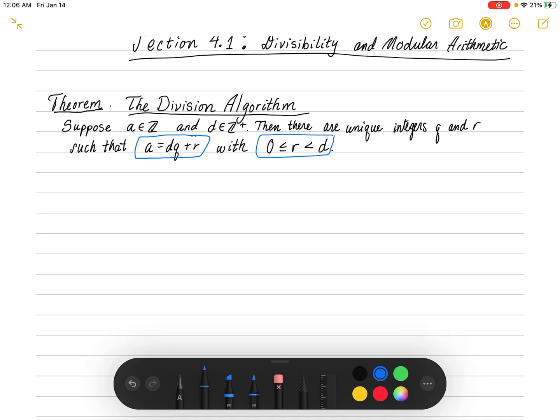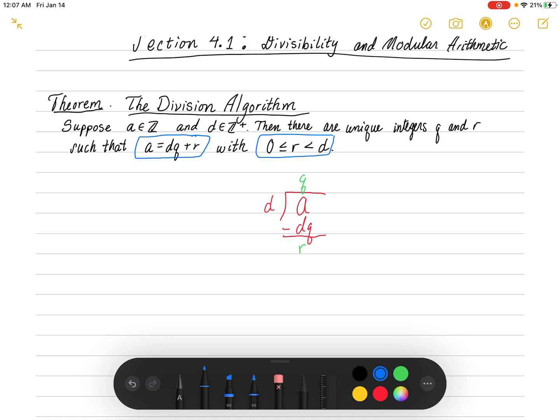So what's actually happening here? The idea is we start off with this a, and we're going to divide d into it. I have a little division box. Up top, we're going to have our quotient q, and basically what happens is you take q times d, which will become dq, and you subtract, and a minus dq is going to give you your remainder r.